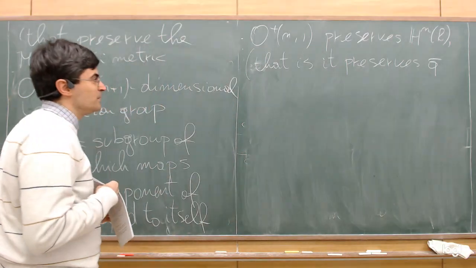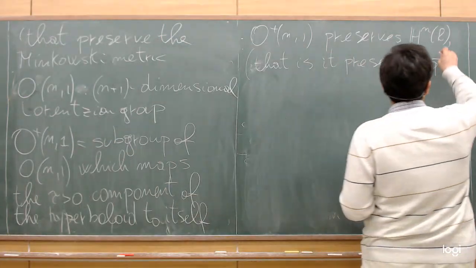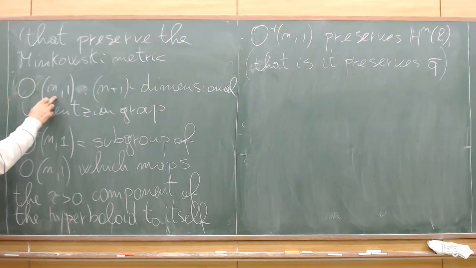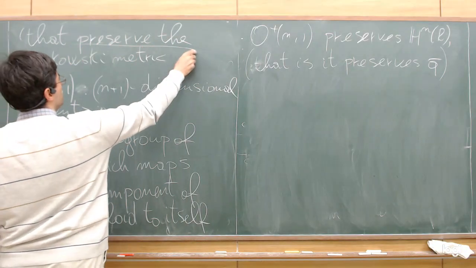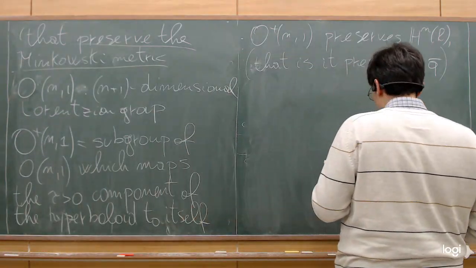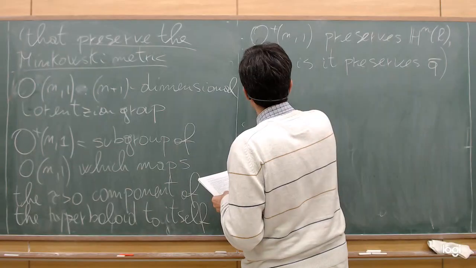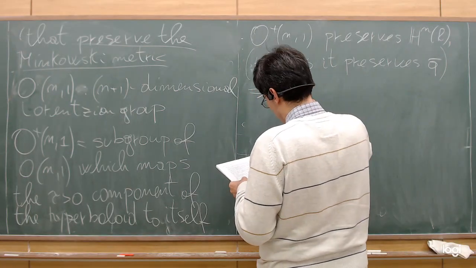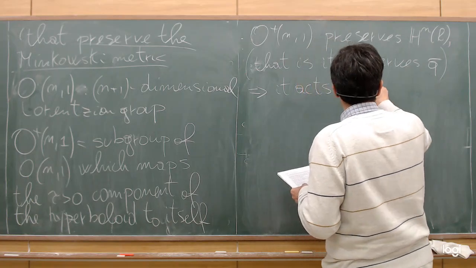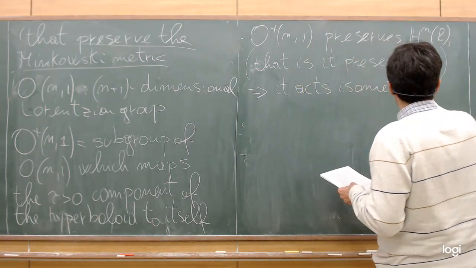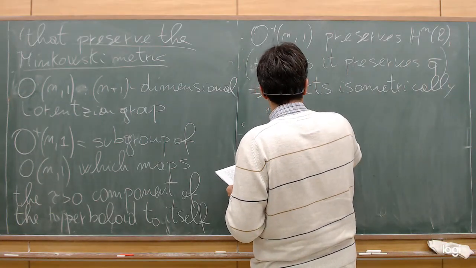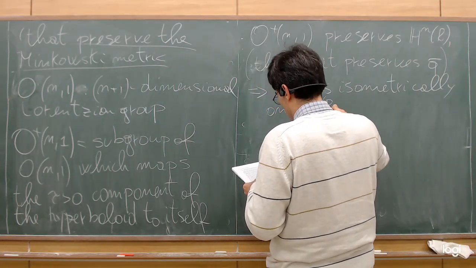This is true because by definition O n comma 1 preserves the Minkowski metric, and it acts isometrically on HnR.